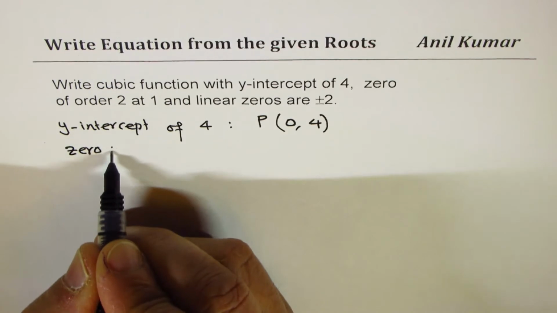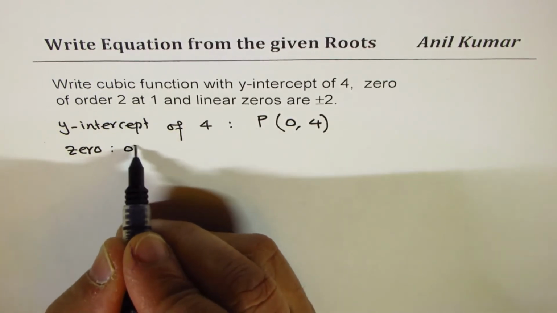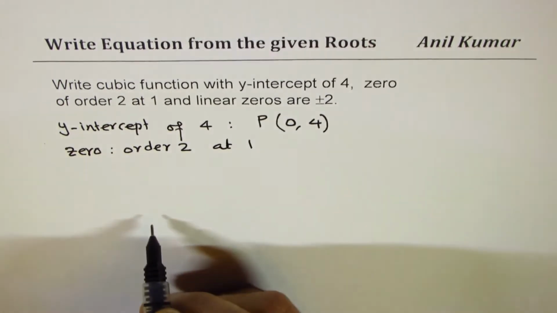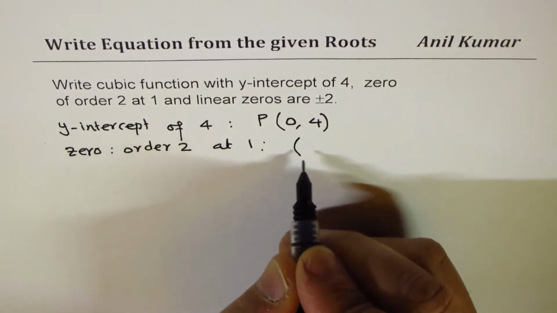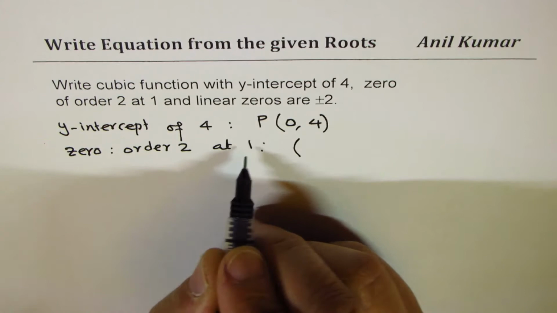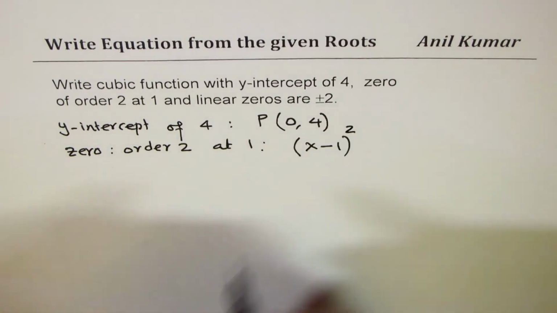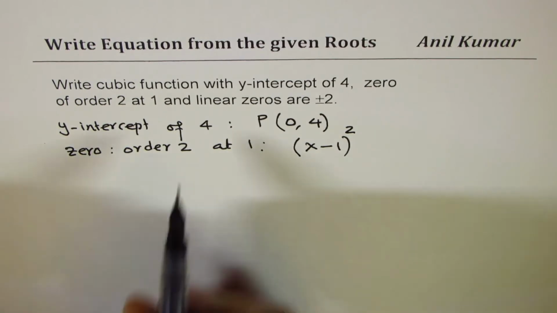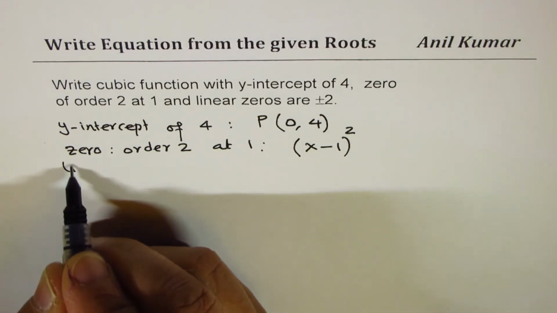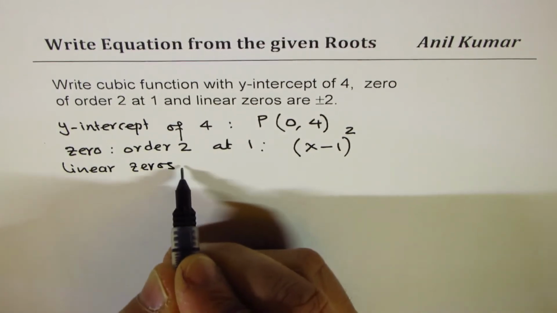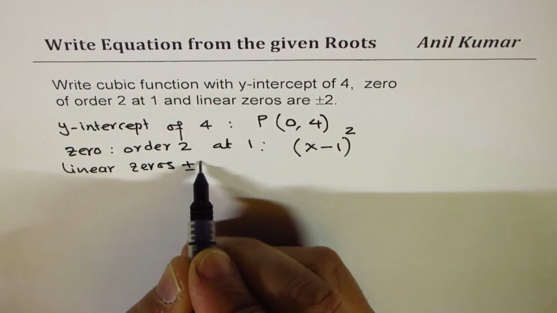So we have a zero of order 2 at 1. It really means that there is a factor. At 1 it is 0, so x minus 1. Order 2 means power is 2. The other one is linear zeros at plus minus 2, right?